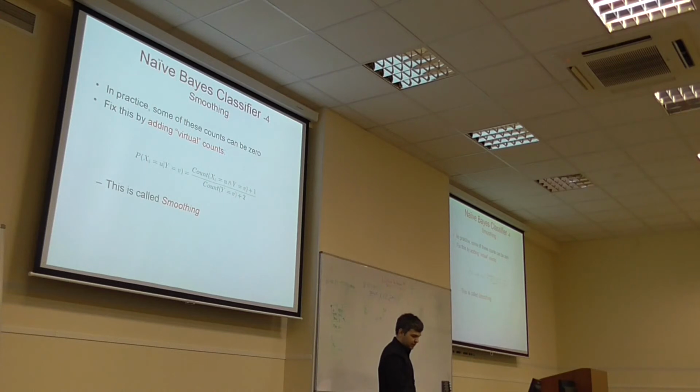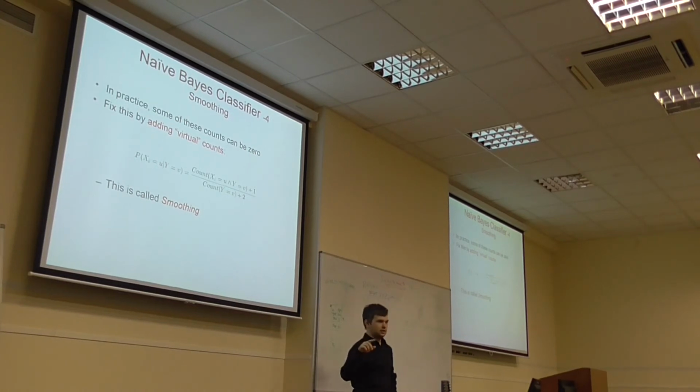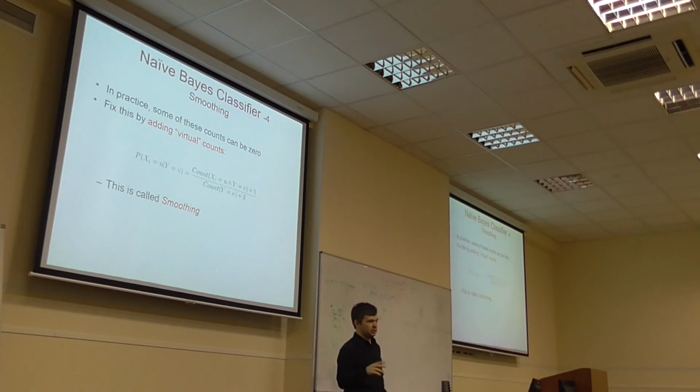And then you have all these counts. It may happen that for some categories the count will actually be 0. And we may apply so-called smoothing. So we say that all these counts are at least 1. Then we normalize everything, and you get some distribution where each probability is still non-zero.